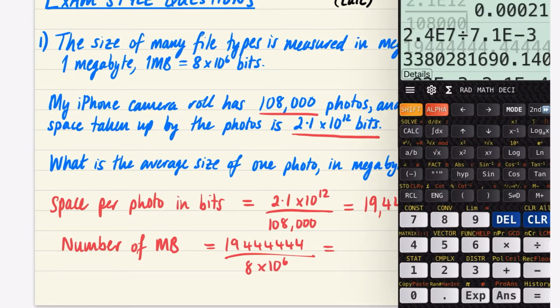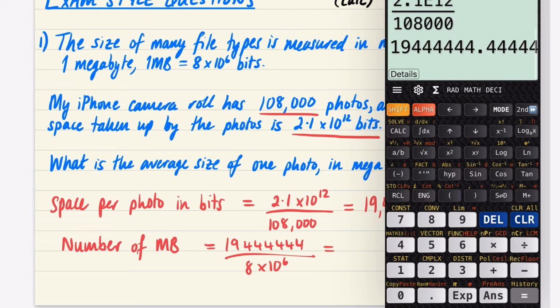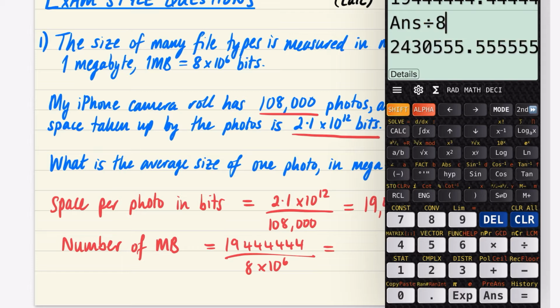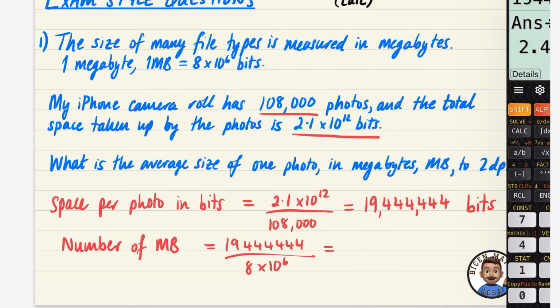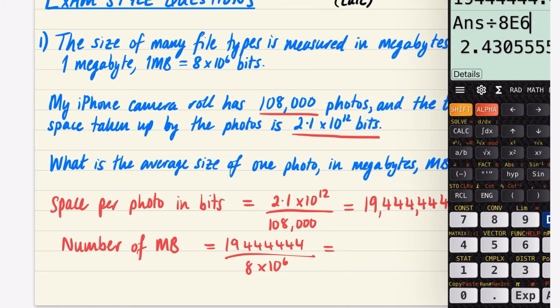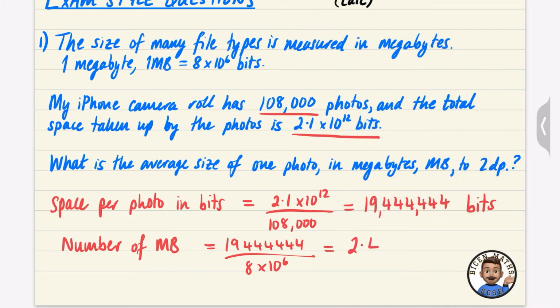Again, it's a calculator, so I've got that answer stored in my calculator. I'm just going to press answer divided by 8 times 10 to the power of 6. And we get the answer 2.430555, and it just wants it to 2 decimal places. So to 2 decimal places, it will be 2.43 megabytes.